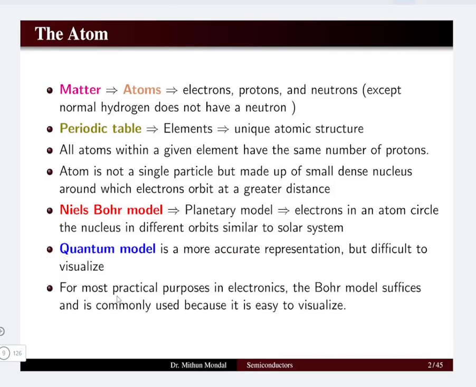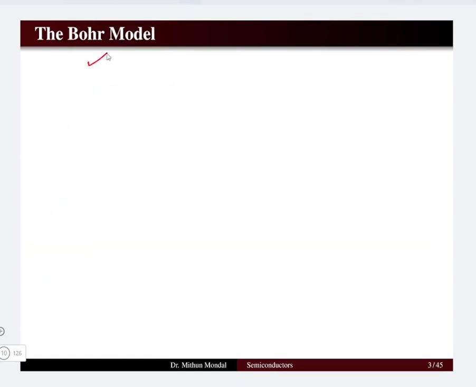For practical purposes in electronics, the Bohr model will be sufficient to describe any particle, any system, and it will be easy to visualize also. So mostly we will concentrate on the Bohr model and not the quantum model. However, in this video we will discuss a little bit of background of the quantum model also. Let us first start with the Bohr model and then move to the quantum model.